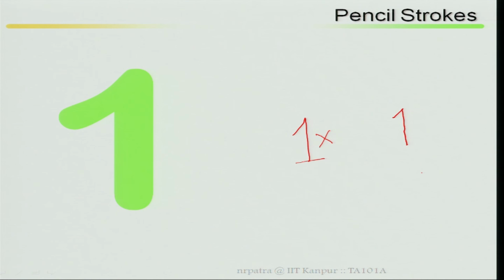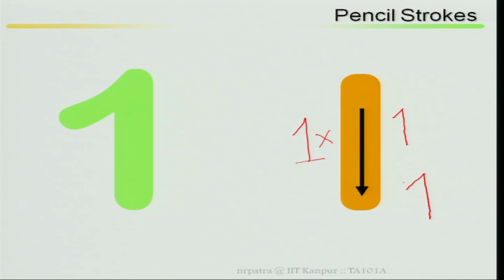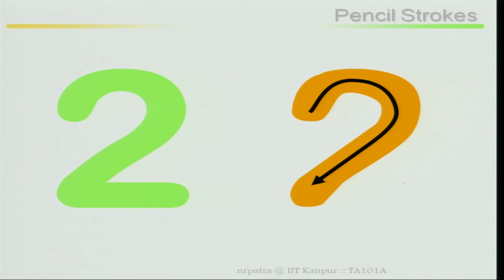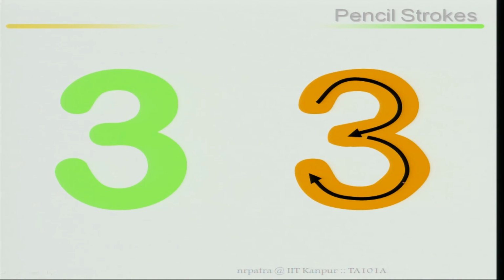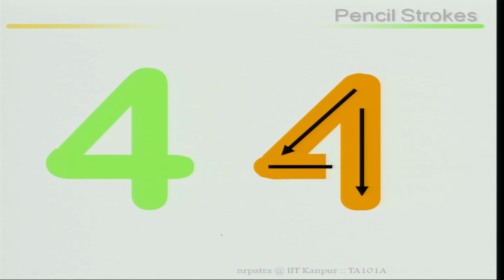First this stroke, then second this. Similarly 2, similarly 3. Look at how 3 is started: the first stroke goes, leave it, then the second stroke comes like this, then this is your 3.